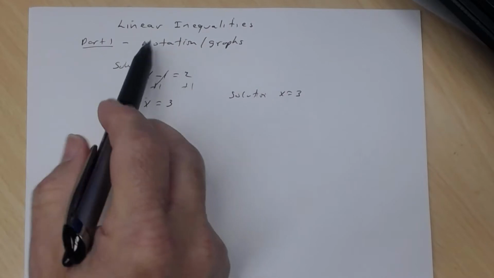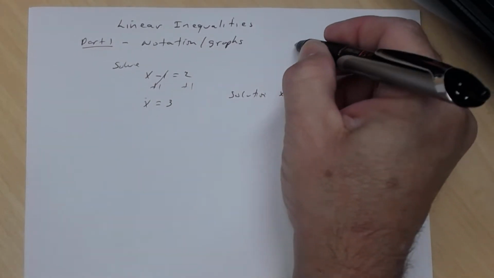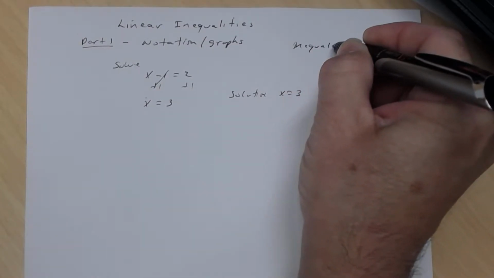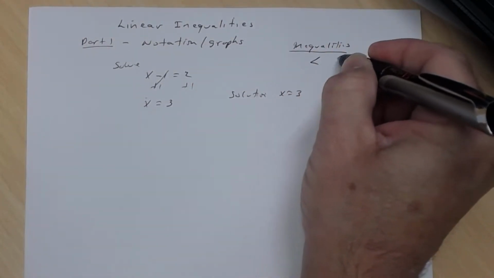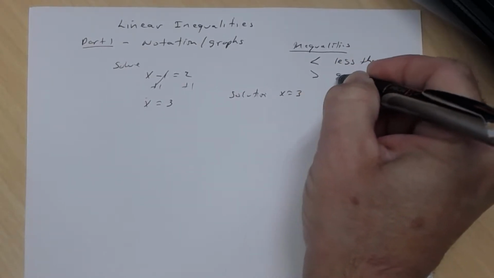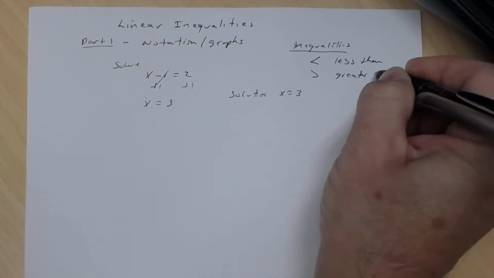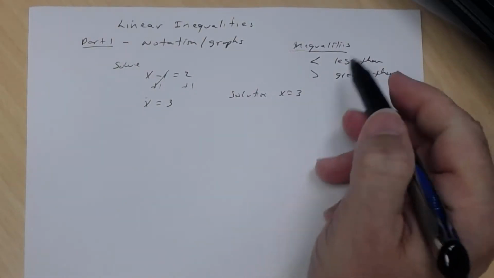Now what we're going to eventually be looking at here is a linear inequality. Now remember, inequalities have these symbols. This is the less than symbol, this is the greater than symbol.